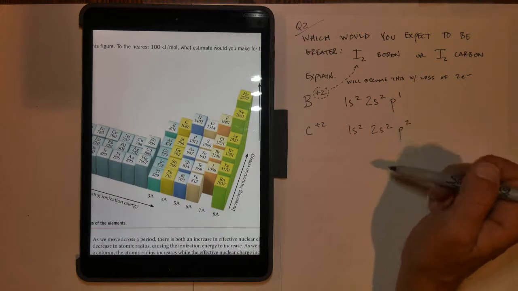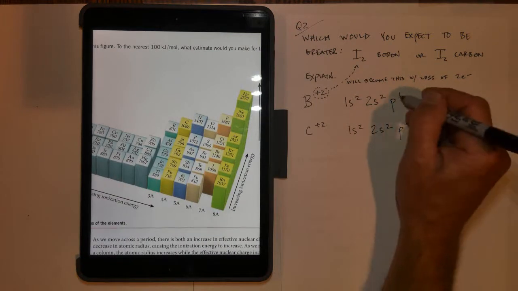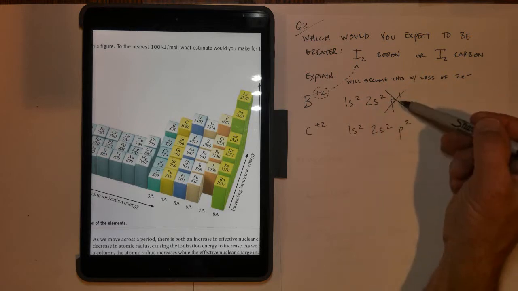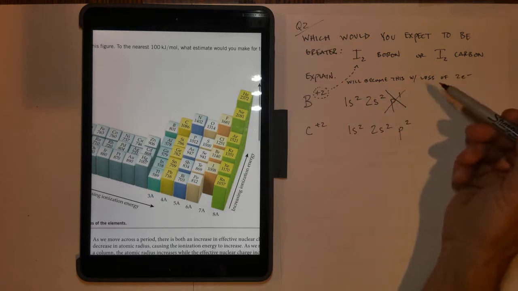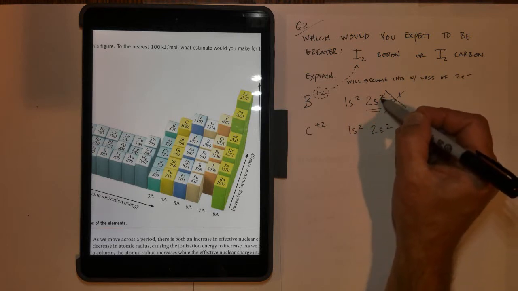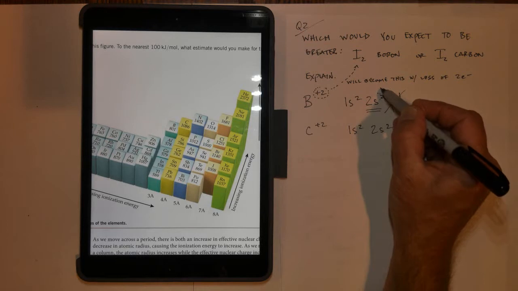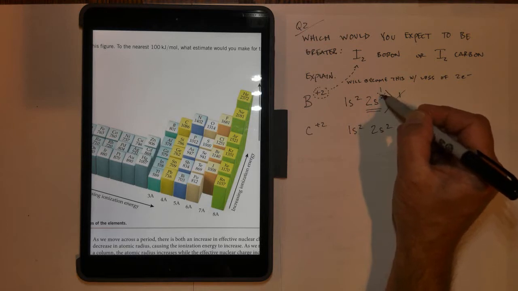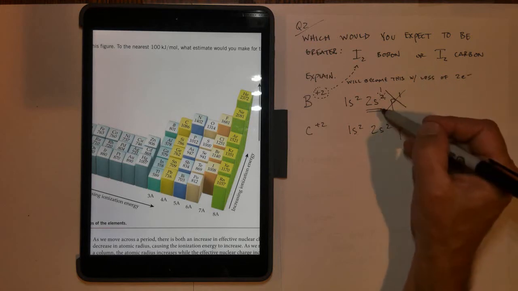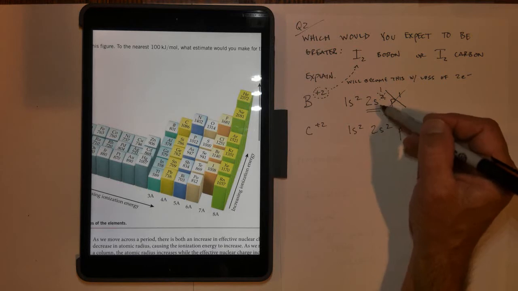Now, when boron loses one electron, for the first ionization energy, this one would go away first. The second electron would have to come from here. And so one electron would have to be lost from here, and it'd end up as 2s1. Okay, that would be the second electron lost. Notice where it would be lost from. The 2s orbital, pretty close to the nucleus, pretty stable because s only has 2 electrons in it.